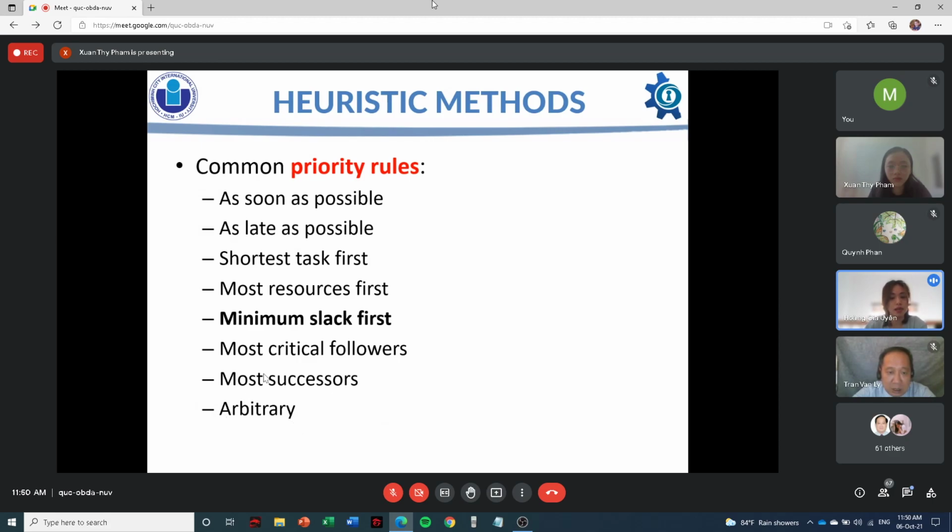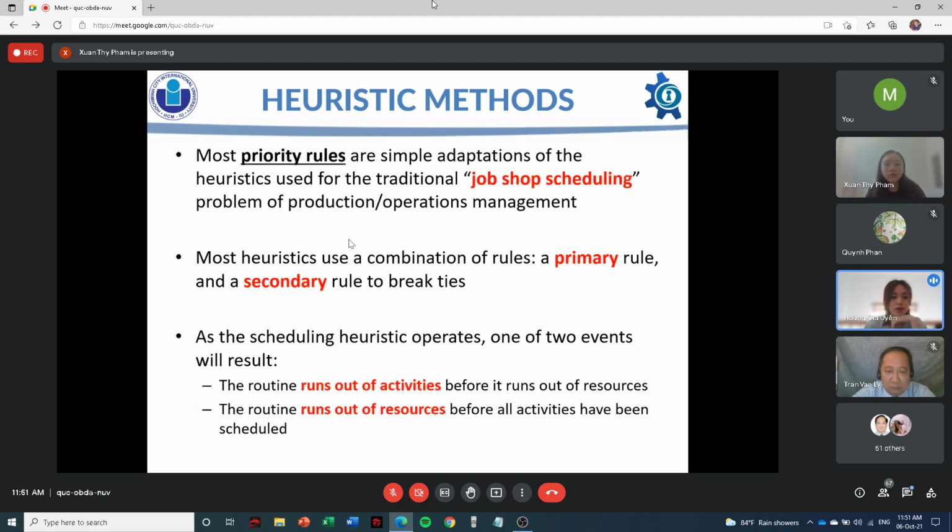Among these, the minimum slack first rule was found to be best or near best quite often and rarely caused poor performance. Most priority rules are simple adaptations of the heuristics used for the traditional job-shop scheduling problem of production or operations management. Most heuristics use a combination of rules, a primary rule and a secondary rule to break ties.